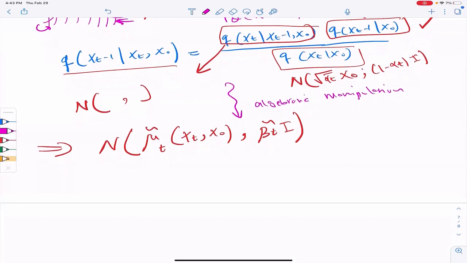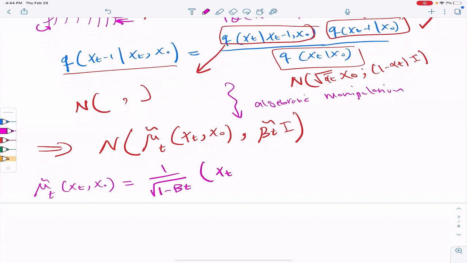The terms that you get, mu hat of t, x0 and xt, is in this form: 1 minus beta t times xt minus beta t divided by 1 minus square root of alpha t bar times epsilon.